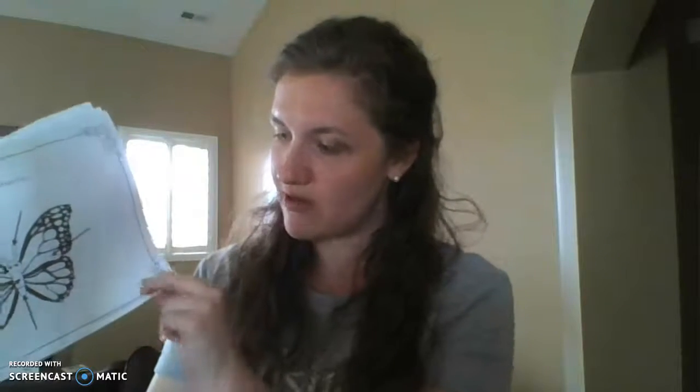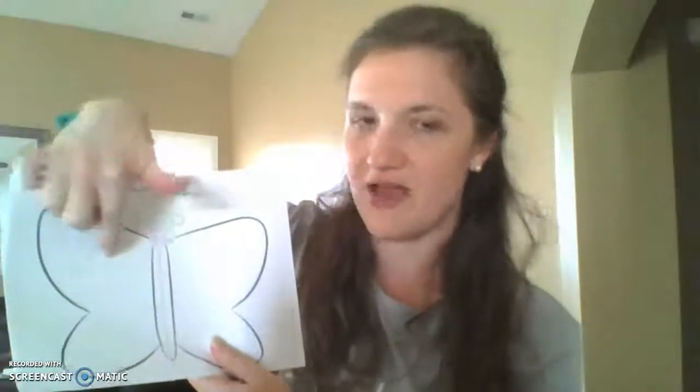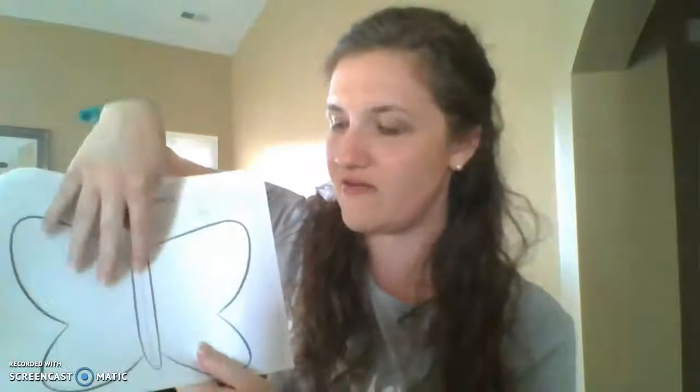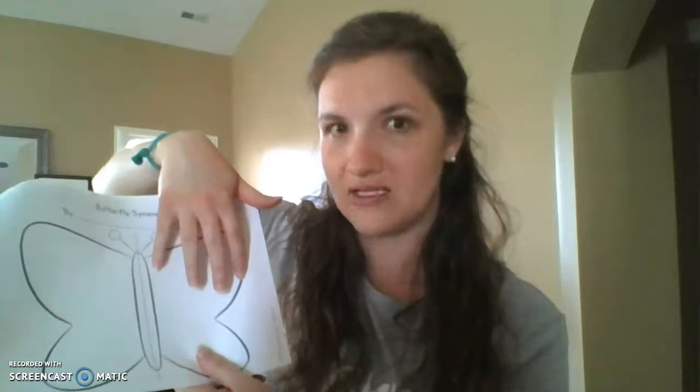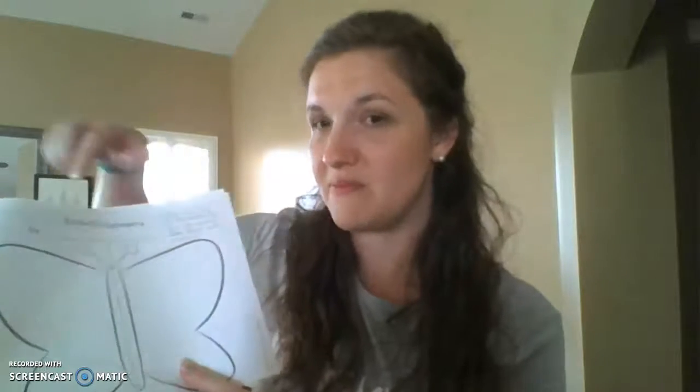Okay, you can learn about the different parts of the butterfly. And this one is fun. Okay, on this you color one side of the butterfly first, just half of it, and then you see if you can create it just the same on the other half. Okay, so you want it to be a mirror image on each side.